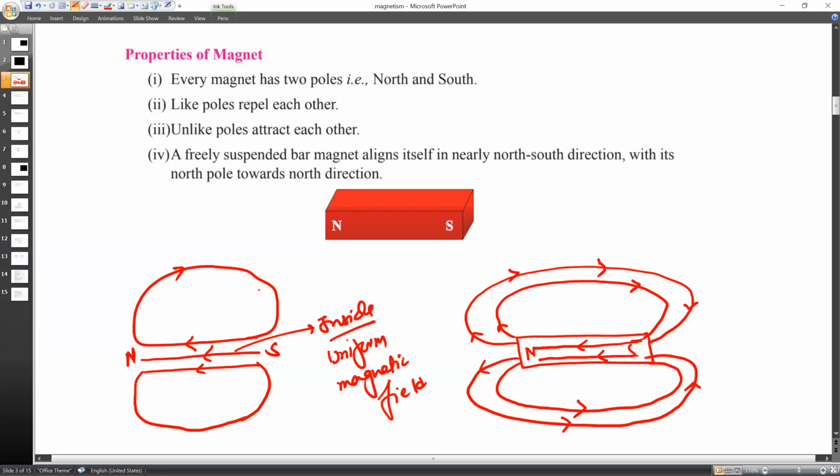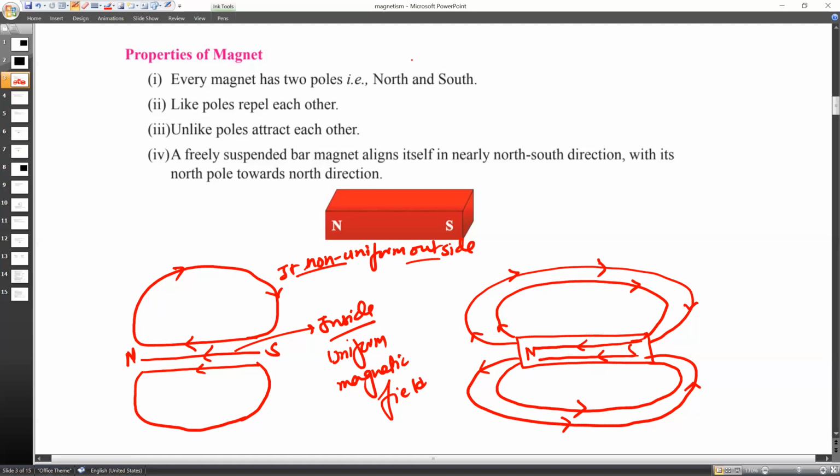Outside, it goes from north to south, and outside it is non-uniform. It is not uniform outside. Got it? You understood?